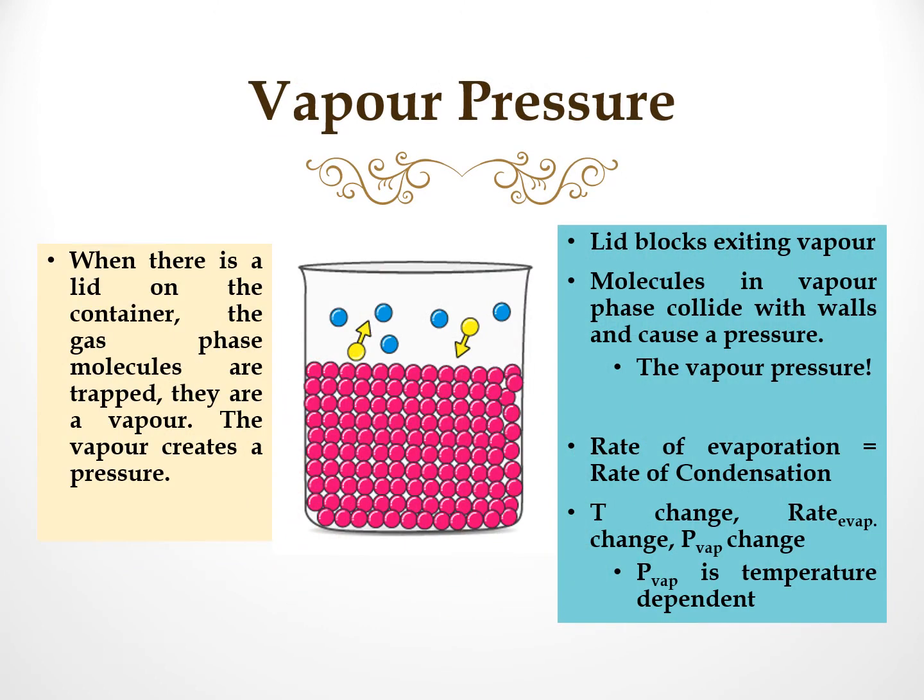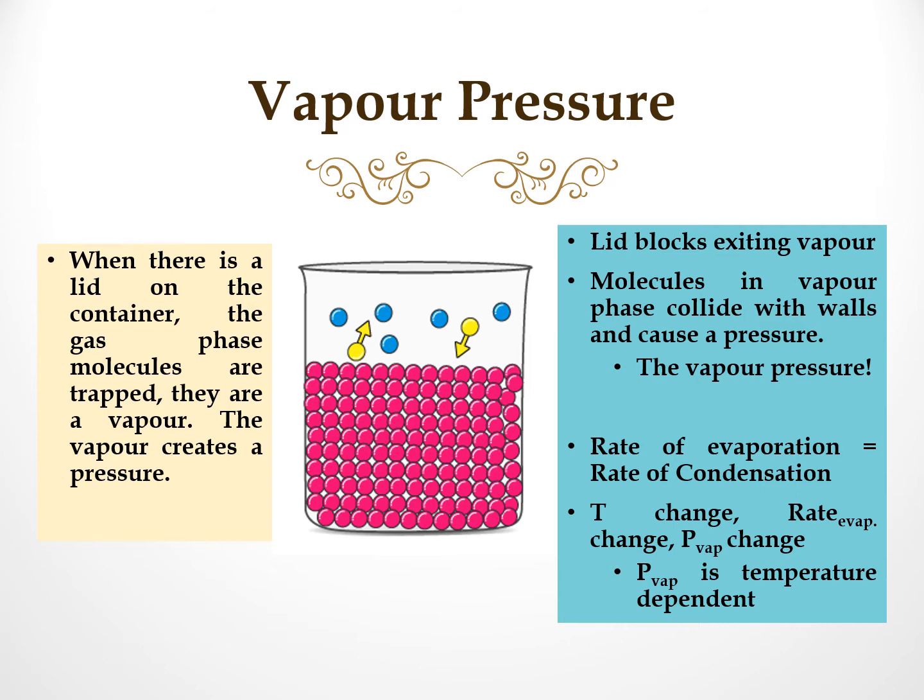So for revision, let's look at what vapor pressure is. Vapor pressure is formed when there is a lid on the container. The gas phase molecules are trapped, so they are a vapor. The vapor creates a pressure. The lid blocks the escaping vapor.